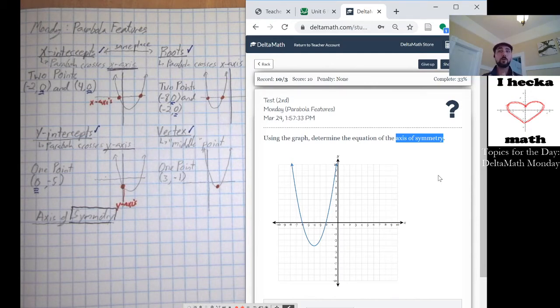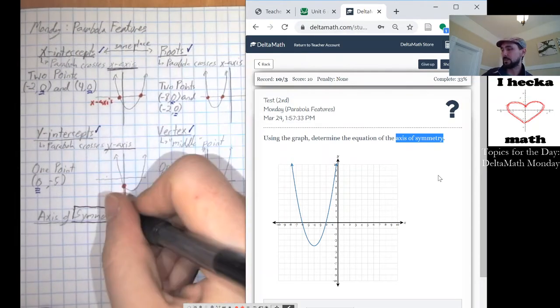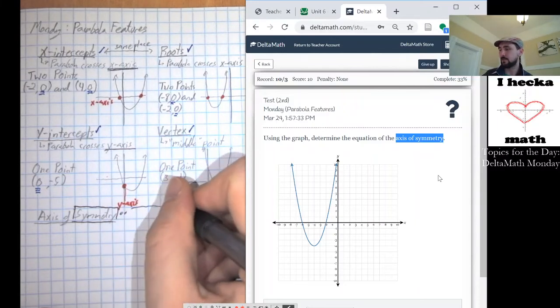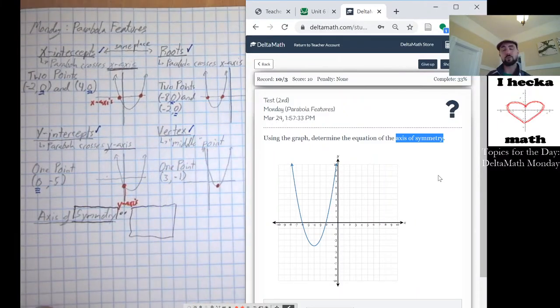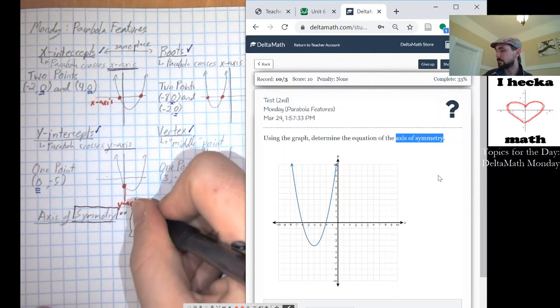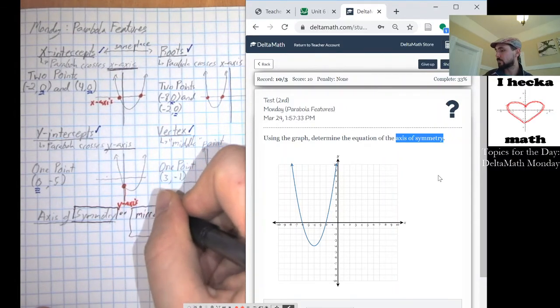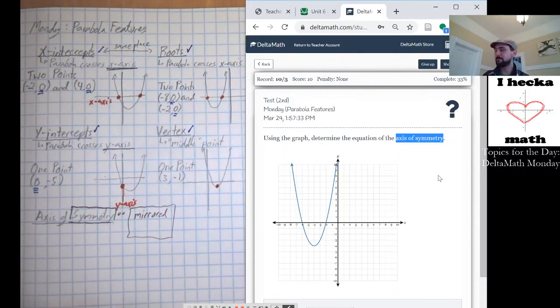Parabolas, we say, are symmetric because one side of the parabola looks like the other side, right? So people often say symmetry means that the two sides are mirrored or reflected.